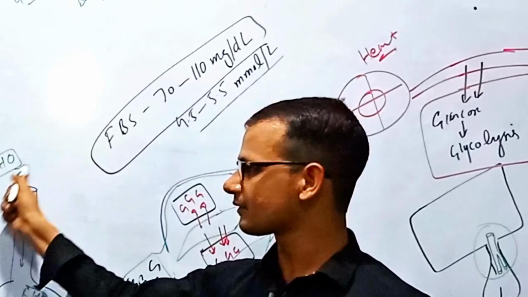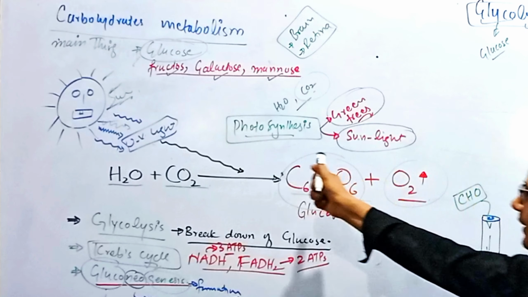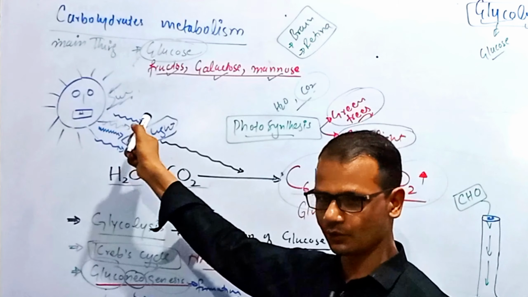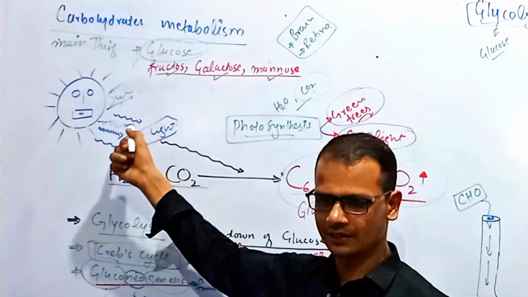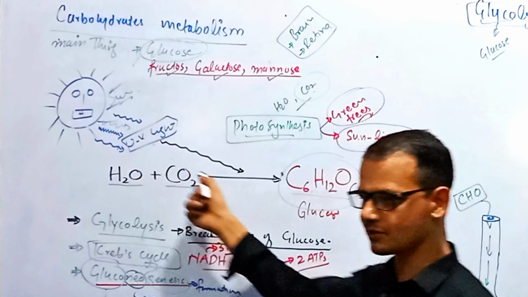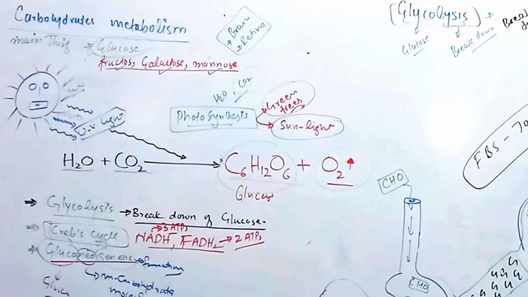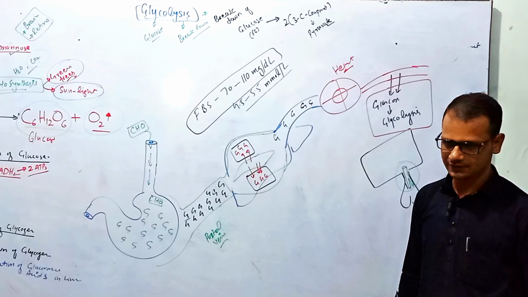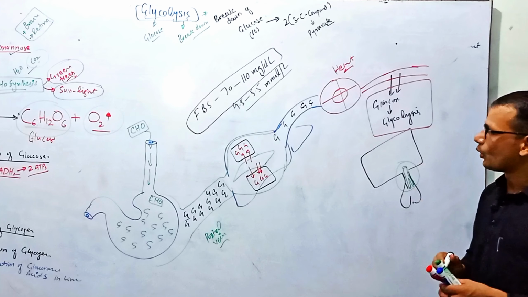And where is this glucose coming from? Sunlight. So we call sunlight the main source of energy, and all living organisms are indirectly dependent upon the sun's energy, right? So here, what is the question?